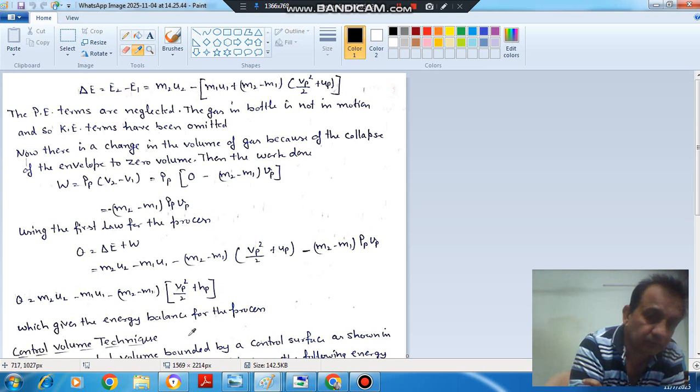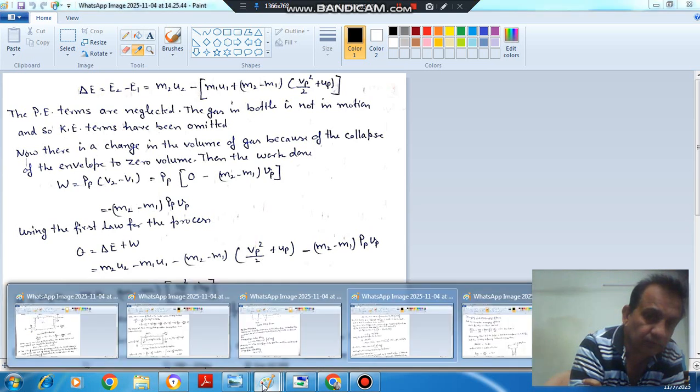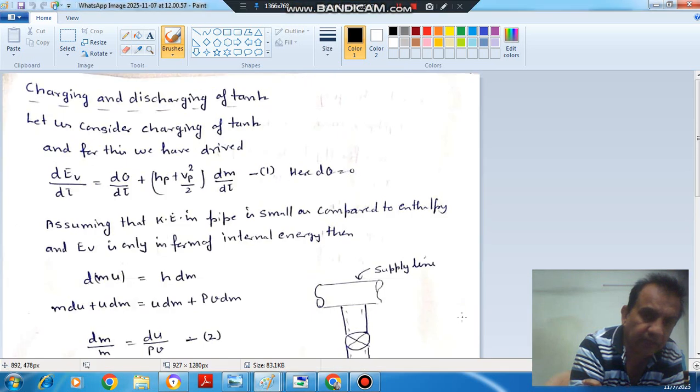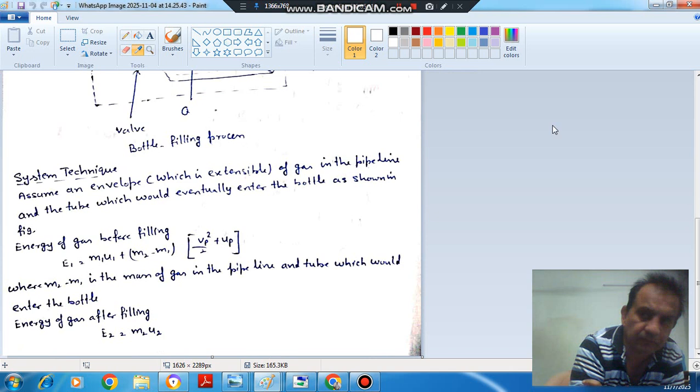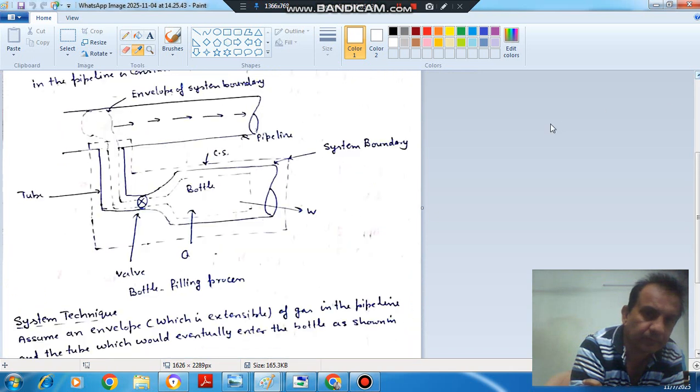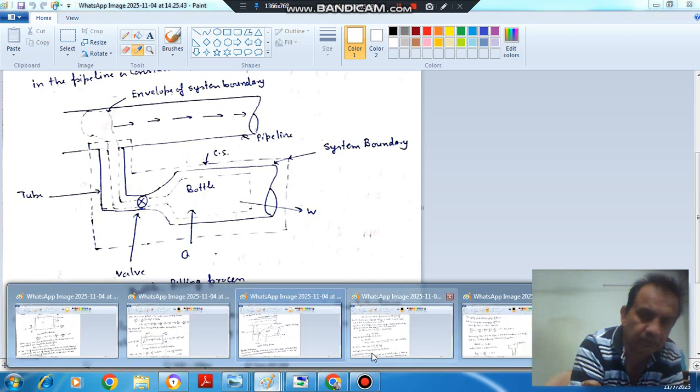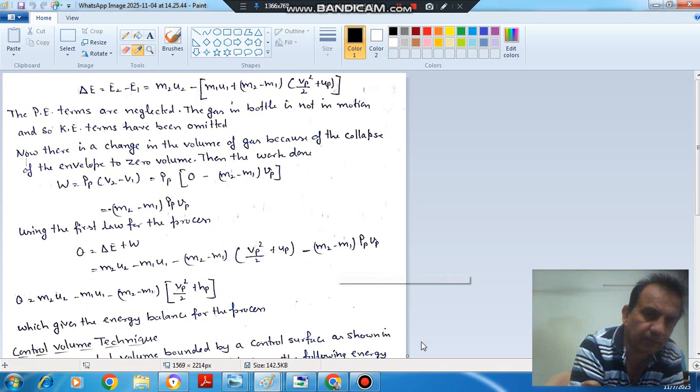Now this envelope, when it enters the system, will collapse. It may have some initial volume, but finally it will have zero volume. So the work done is here, because its pressure is Pp, the final volume is zero, and the initial volume is (M2 minus M1) times small vp.